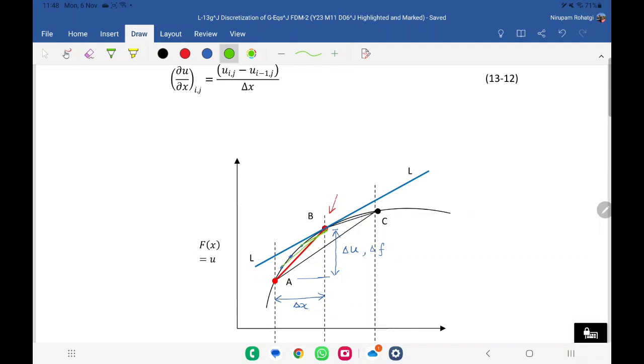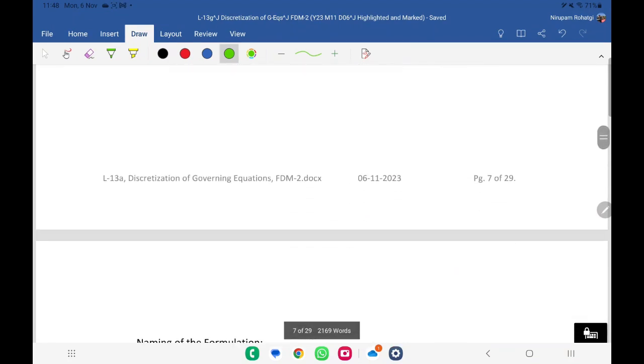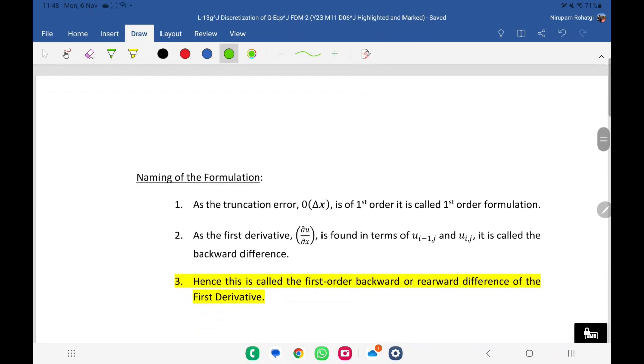Okay, so this formulation has truncation error of order delta x, the first order, so it is called first order formulation. The derivative is found in terms of the previous point and the forward point, so it is called backward difference. So this is called first order backward or rearward difference of the first derivative; the word rearward is also used.